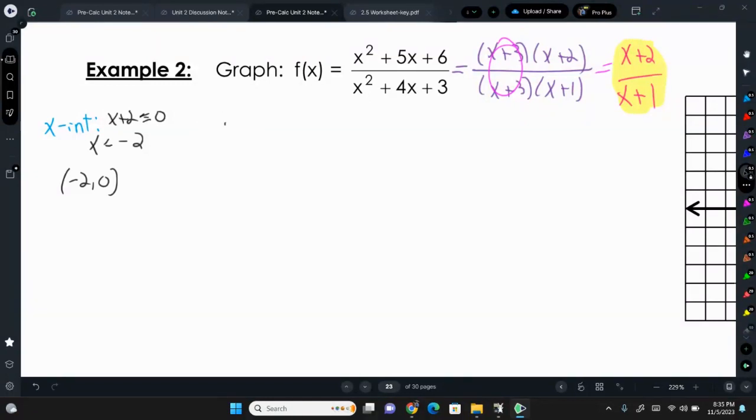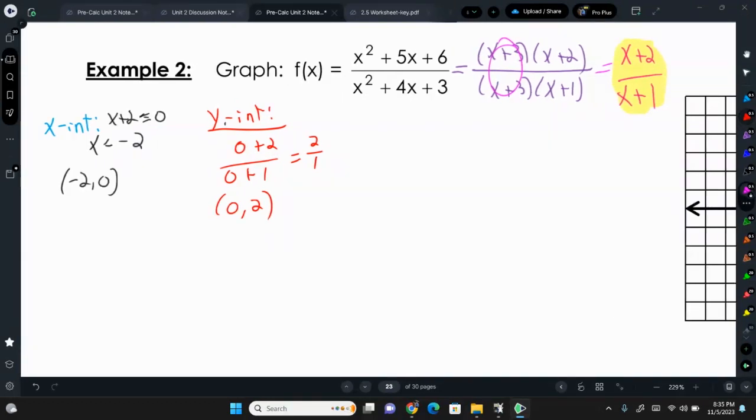For our y-intercept, we are going to substitute 0 in for x. So 0 plus 2 over 0 plus 1 equals 2 over 1. So that means our y-intercept is 0, 2.